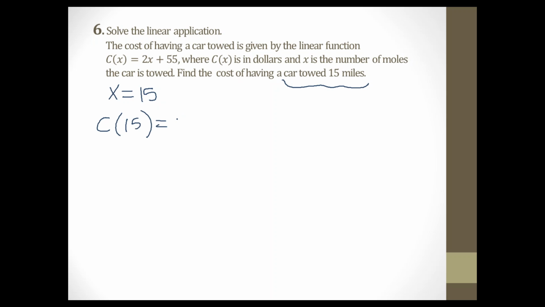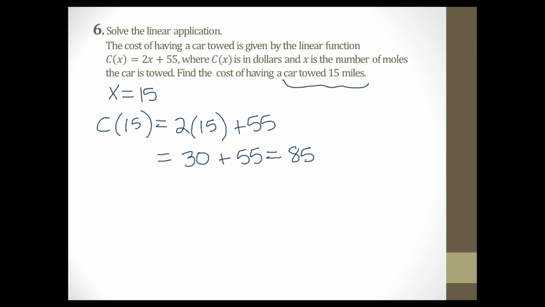So what that means is that we're going to plug in 15 everywhere we see x. So 2 times x would be 2 times 15 plus 55. So 2 times 15 is 30 plus 55 equals 85.